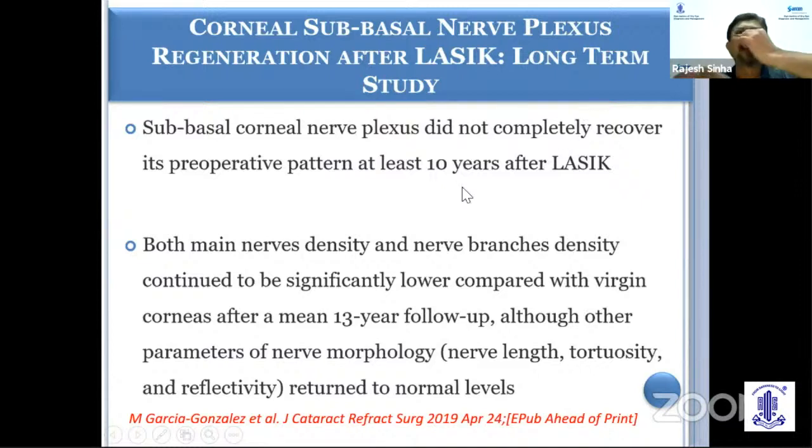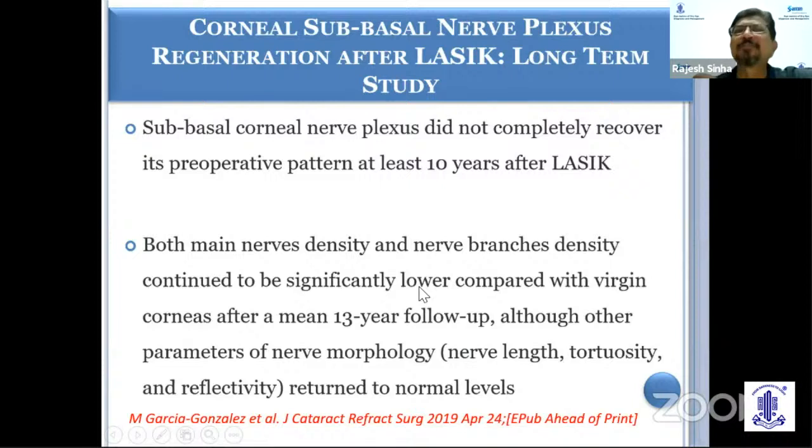Now, this is one interesting study which used in vivo confocal microscopy, and it was a long-term study. They studied the subbasal nerve plexus and found that even over a period of 10 years after LASIK, the subbasal corneal nerve plexus did not completely recover to its preoperative pattern.